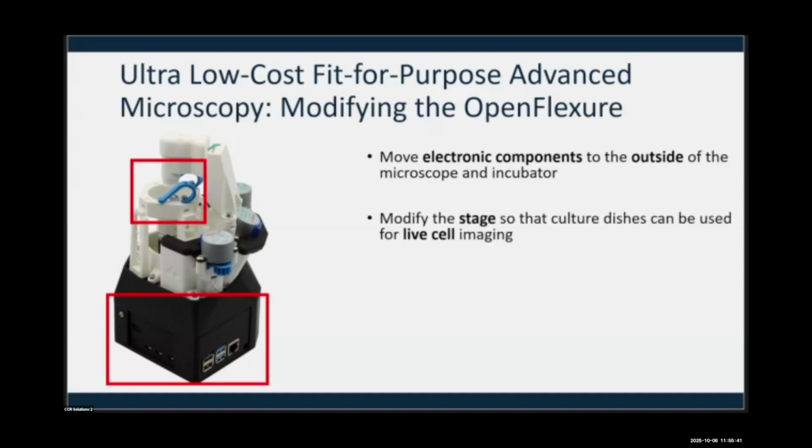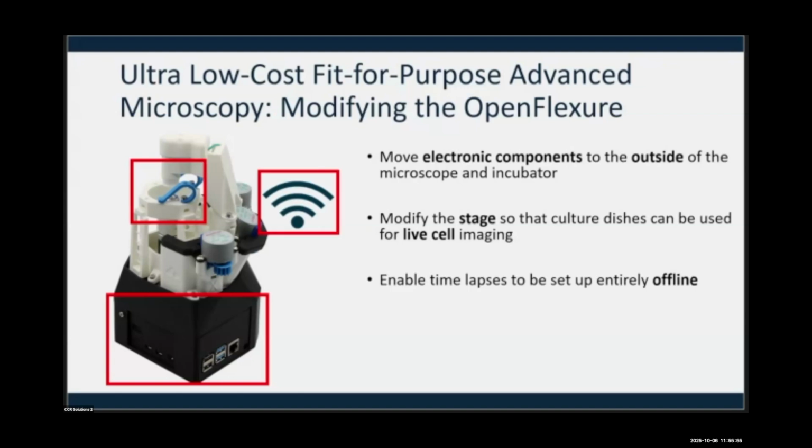In order to do live cell imaging, we need to have an appropriate stage so that we can have a tissue culture vessel on the stage rather than slide clips. So that was a very easy fix of just printing a new type of stage. But in order to do more advanced microscopy, you have to use Blockly, which is reliant on internet access, which is not a given for researchers in resource-constrained settings.